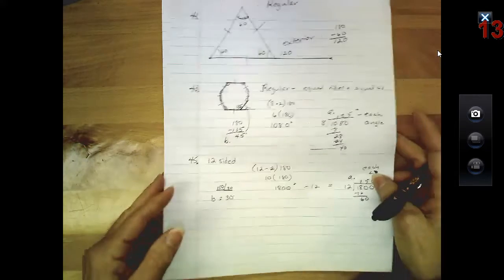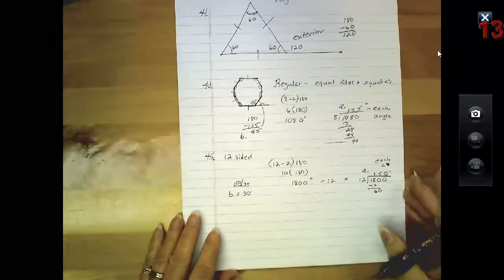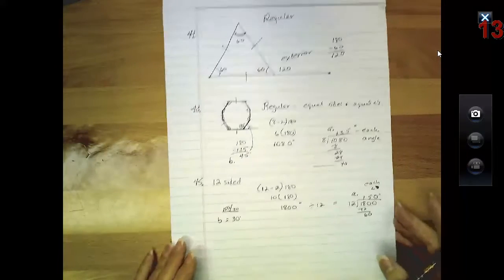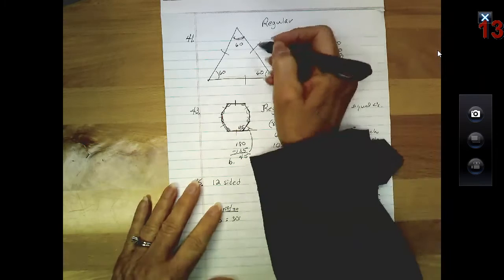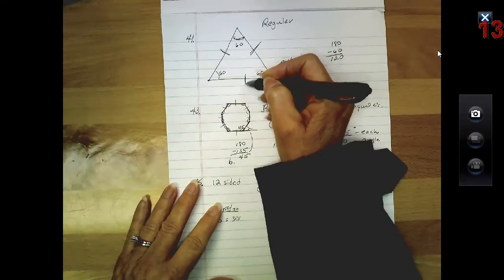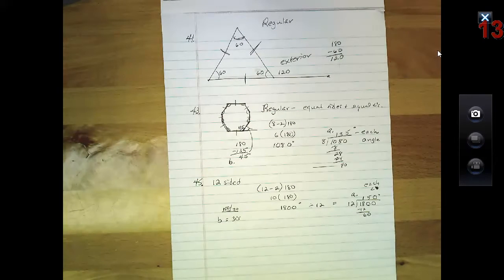All right, another one on 41, we had to find an X. Determine the measure of an interior angle of the regular polygon. Regular means the three sides are the same, the three angles are the same.